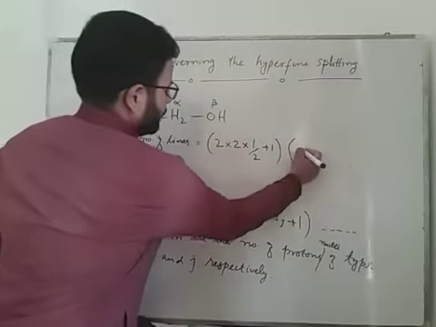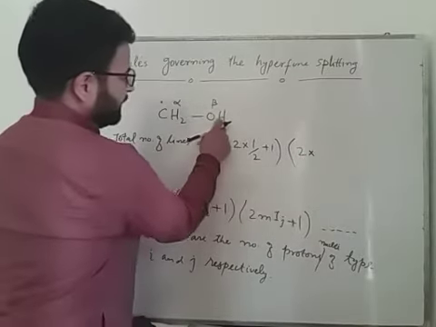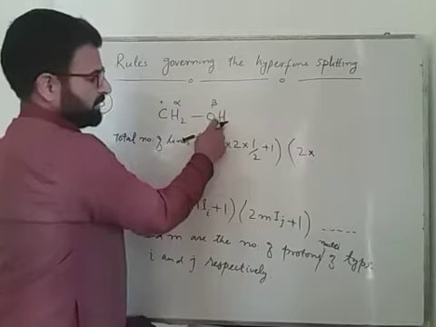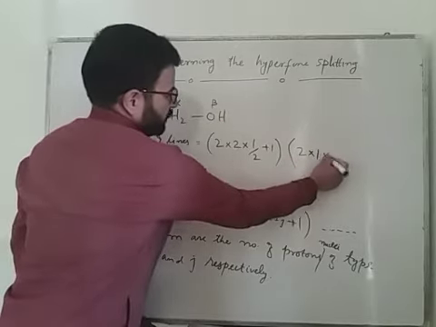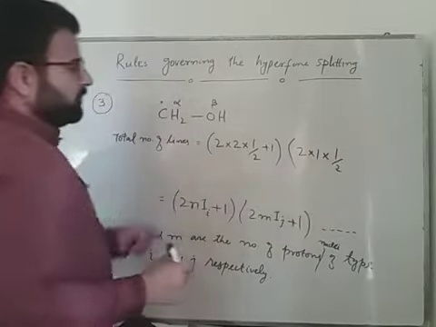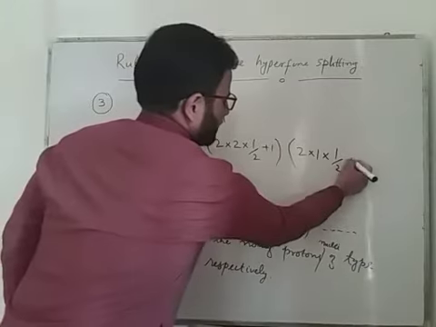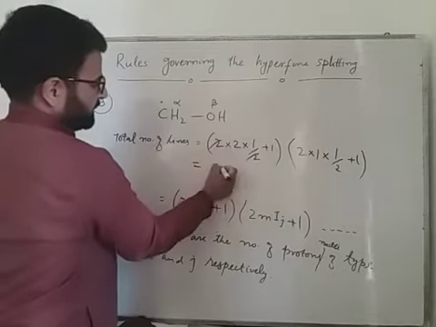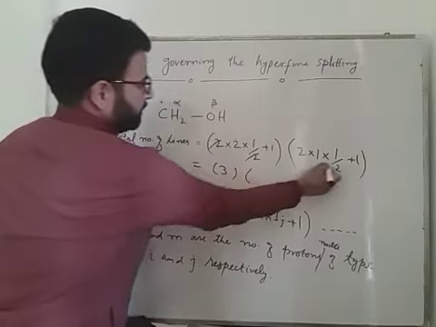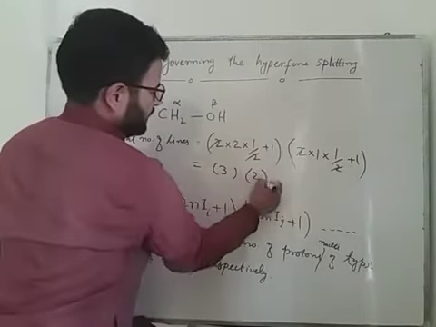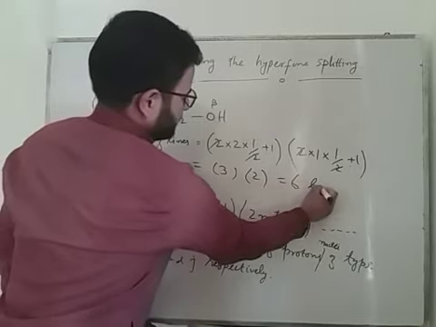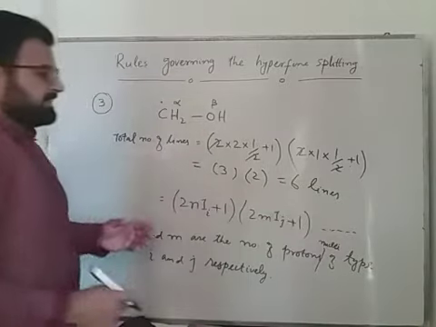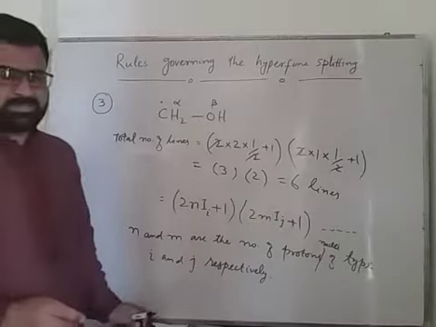So we will write 2 into, for M we will write 1, because in the beta set we have only 1 proton, into 1 by 2 because spin is 1 by 2 for this hydrogen also, plus 1. So we will get 2 plus 1 is 3, multiplied by 2, that is 6 lines. So we will get 6 lines in case of this system.